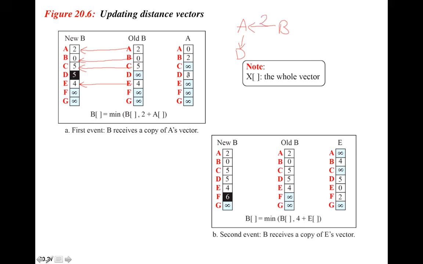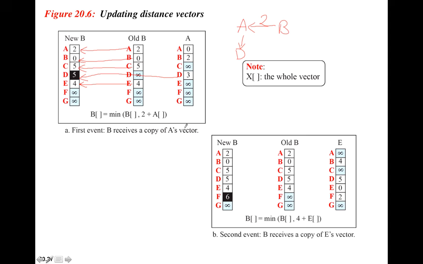So this is why we take the 3 from A to D and we add 2 to it. So the final value that goes now inside B is 5. So this is how we have updated the vector for B.